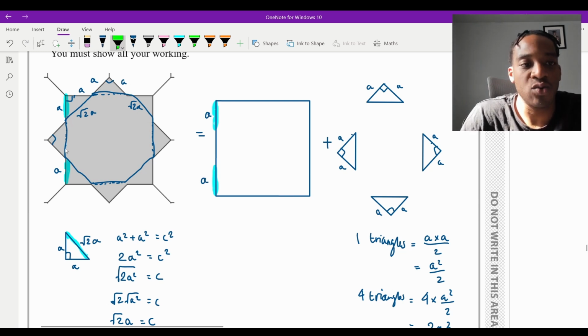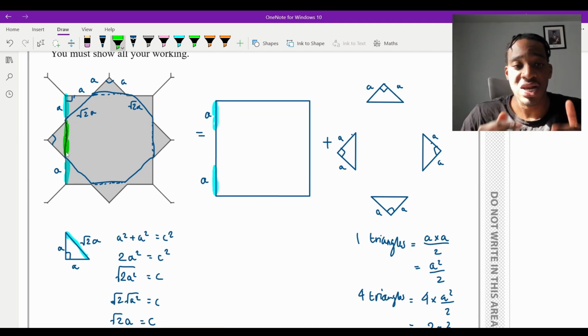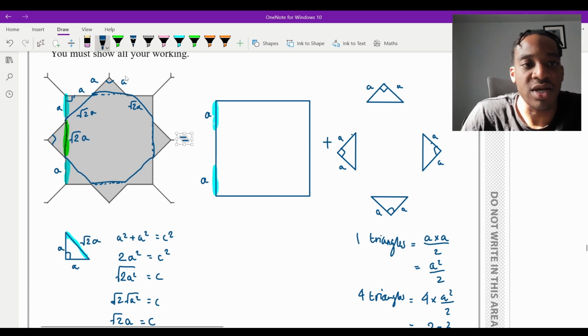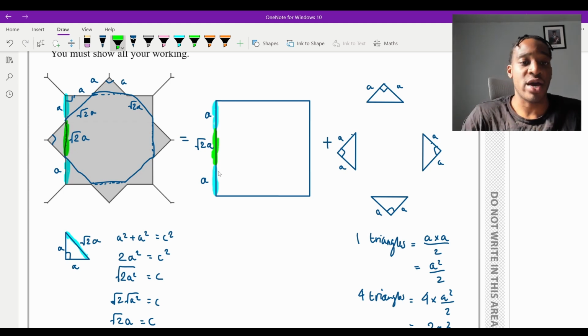And then the part in the middle, well, remember, this is just one of the lengths of this new regular octagon that we figured out, which lies inside the shaded shape, and these are all root 2a. So I'm going to call this side in the middle here root 2a. So we actually have the height of this rectangle or square.